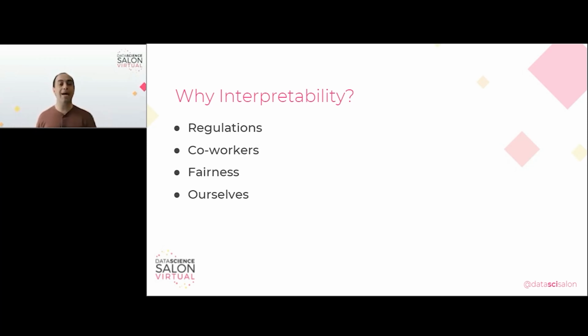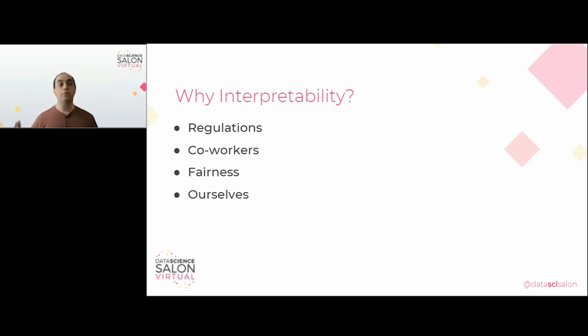To get buy-in, you may need to show them the interpretations of the model or interpretations of the outputs. Sometimes in my experience, my coworkers are even more interested in the interpretations of the model than they are in the raw outputs, because it can teach them something about their business that they didn't know about before.